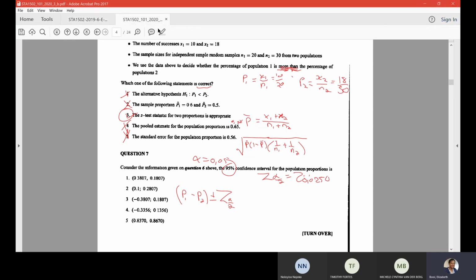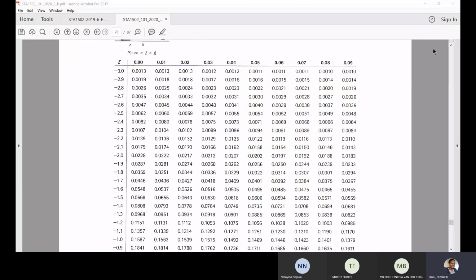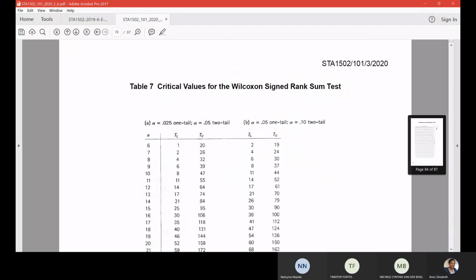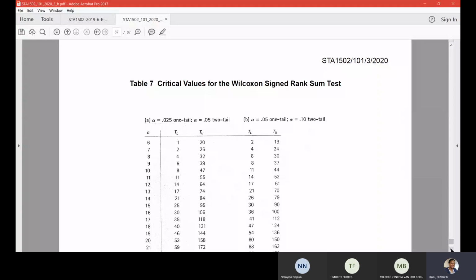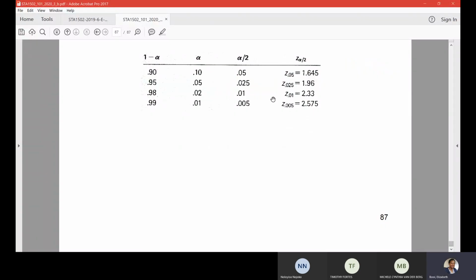And remember, you can go and find the critical values. If you go down to the table, there is one last table there. Here we go. So for Z 0.025, our critical value will be 1.96.